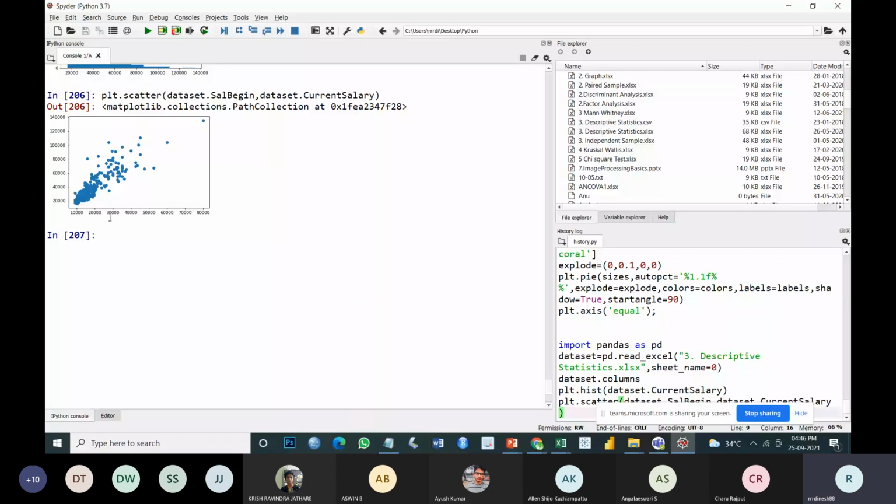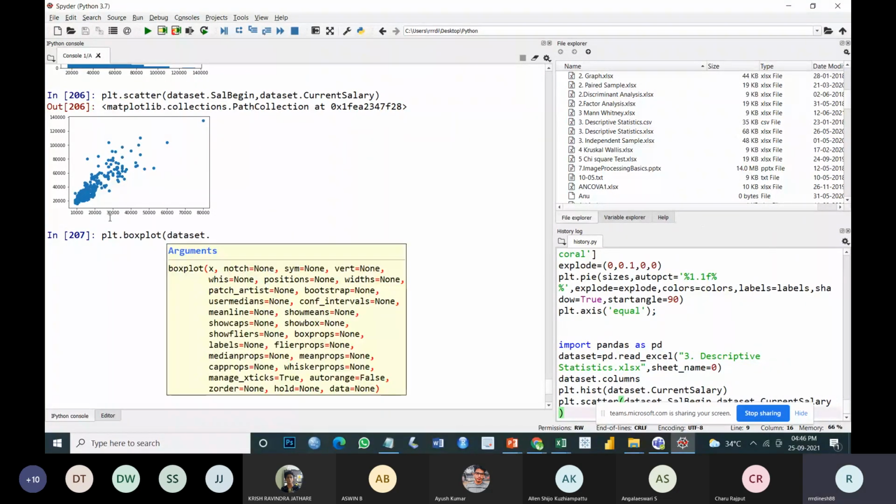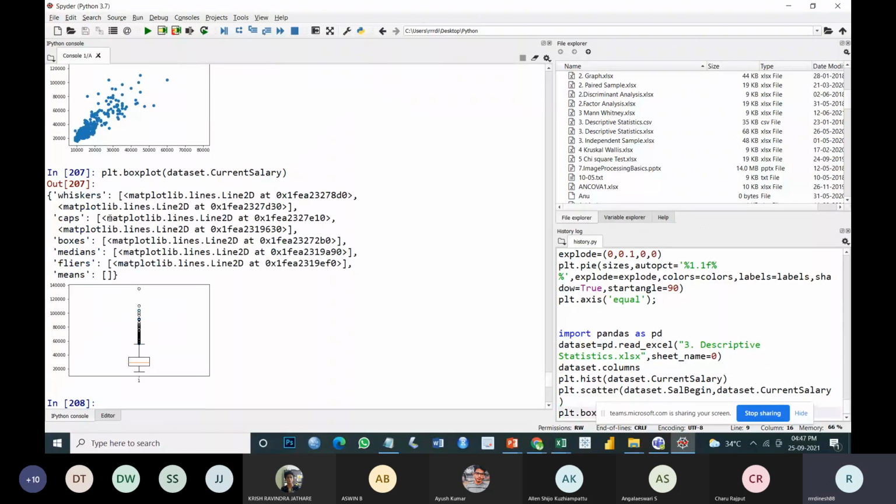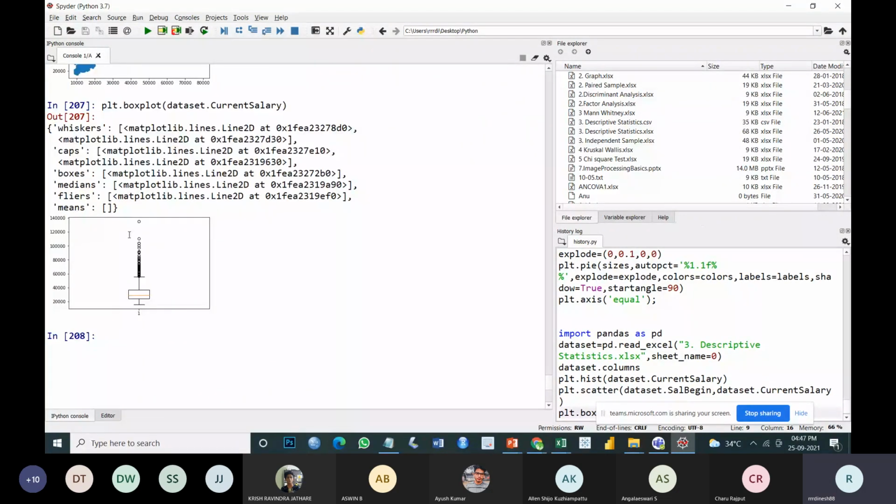Then we can draw the box plot, plt.boxplot of dataset.current salary. So we get the box plot. In this box plot, if the line is in the center, we can say the data is normally distributed. If the line falls below the center, it is positively skewed. Above the center is negatively skewed.